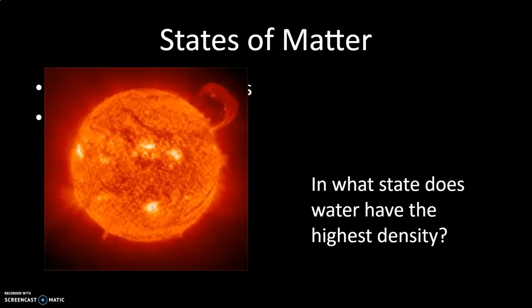Water has the highest density in the liquid state, specifically at 4 degrees Celsius. That is the highest density for water. And a really quick check you can ask yourself is, does ice float or sink? Because if it's dense, ice should sink. And it doesn't. It floats on the liquid. So the liquid must be more dense than the solid.